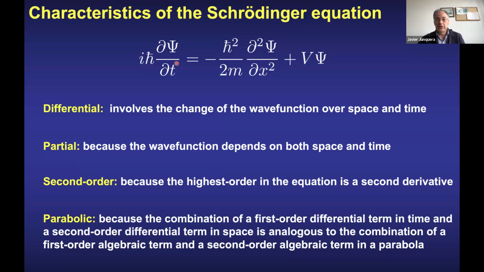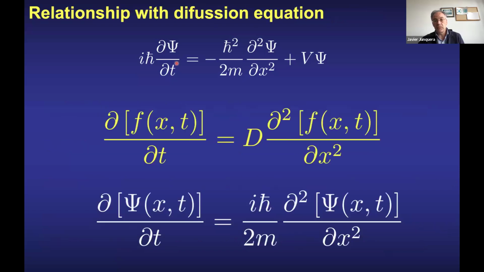And then we can also get some flavor of its meaning if we compare this quantum equation, the Schrödinger equation in quantum mechanics, with some equations that appear also in classical mechanics.